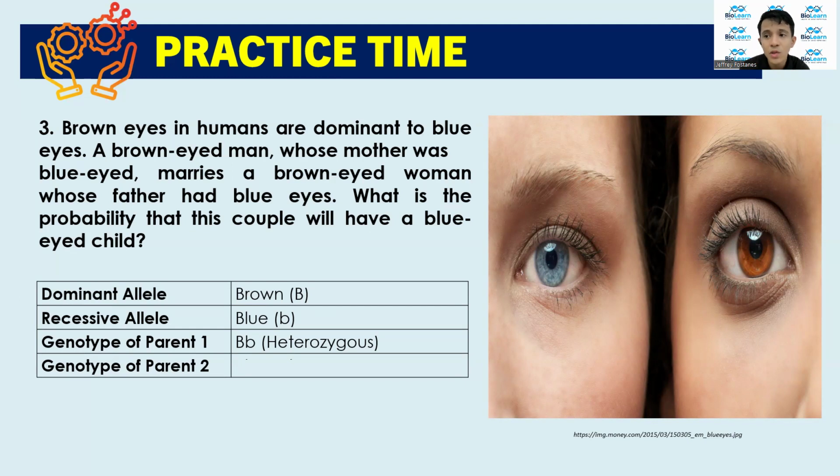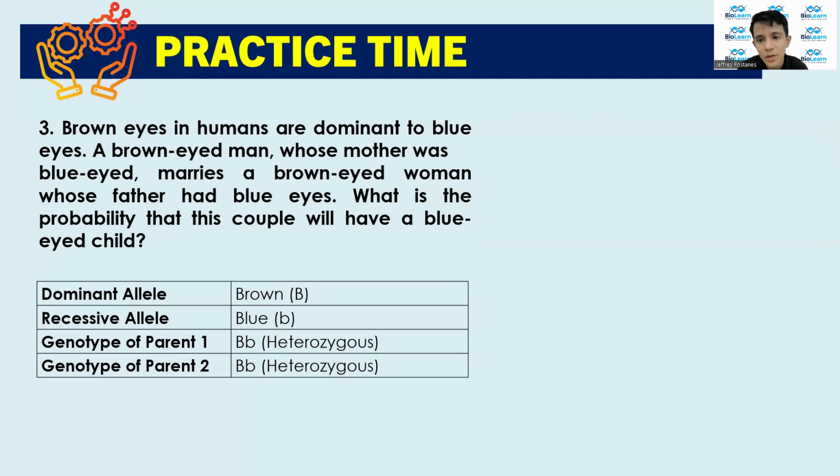So the child will surely receive a recessive allele from his mother. Next, he marries a brown-eyed woman whose father had blue eyes. It's just the same case, so that's also heterozygous. And let's go back.